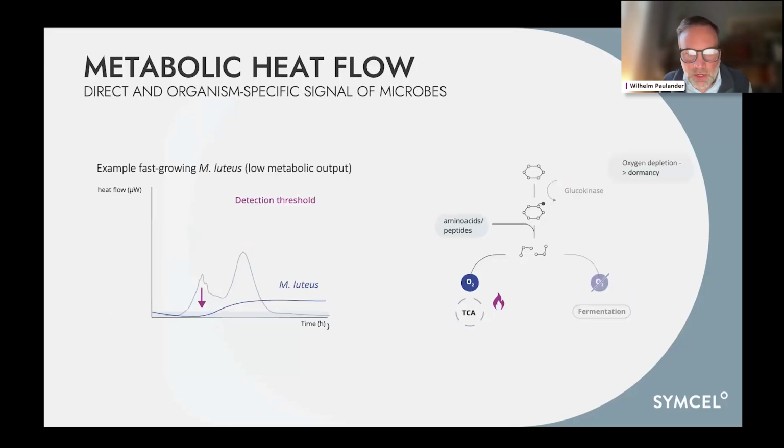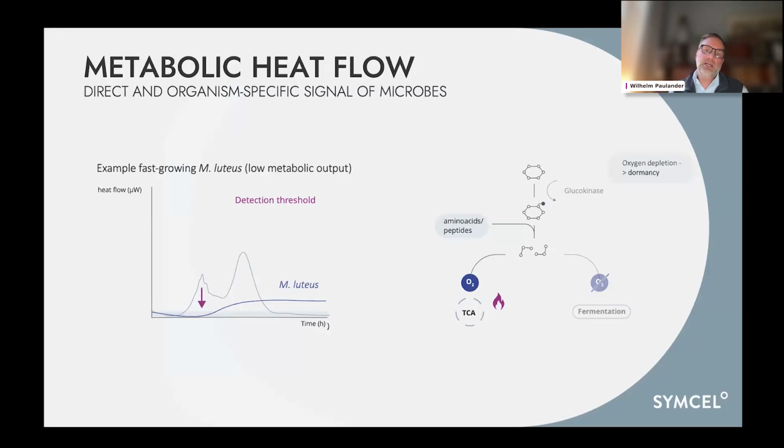Another example of a fast-growing microorganism with a short generation time is Micrococcus luteus. It has a very small genome and encodes very few metabolic pathways, and also produces little metabolic output. One of the reasons for that is that it can't grow anaerobically and can't ferment.